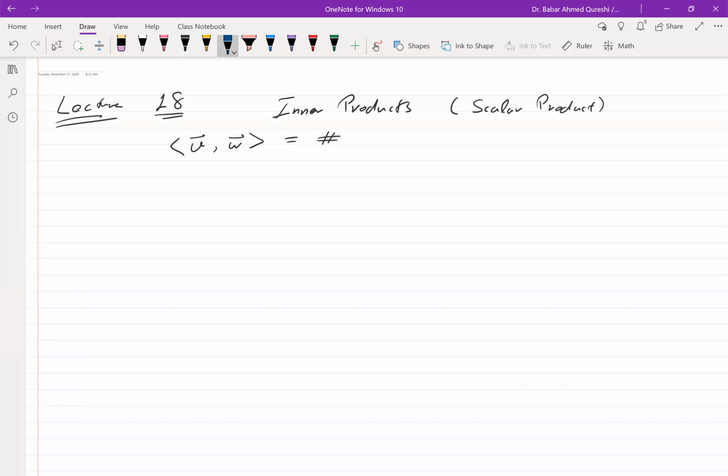And we were discussing this theorem, which is the Schwarz inequality. Now, as I said last time, this inner product or scalar product, we have distilled from our intuition of geometric vectors.